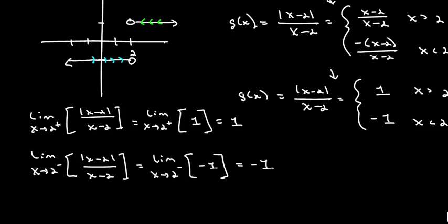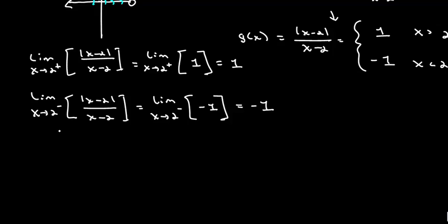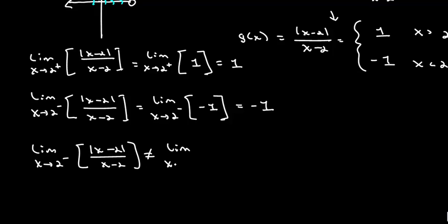Now here's the point: the limit as x approaches 2 from the left is not equal to the limit as x approaches 2 from the right.